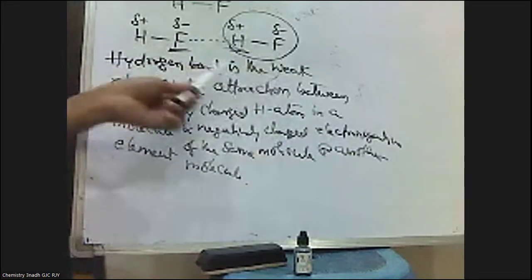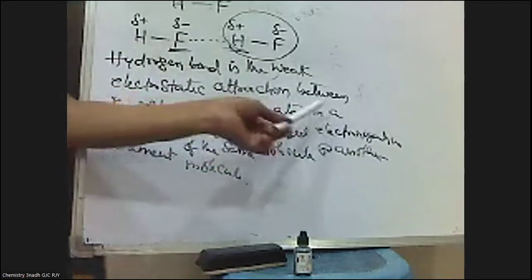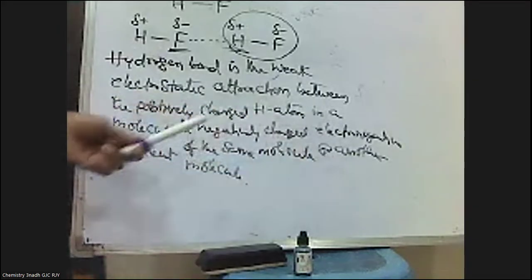So hydrogen bond is the weak electrostatic attraction between the partially positively charged hydrogen atom in a molecule and the partially negatively charged electronegative element of the same molecule or another molecule. Right?